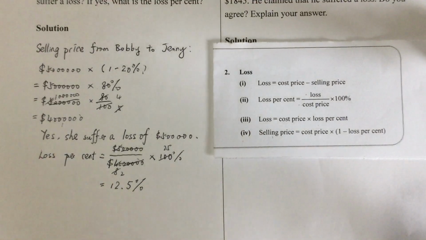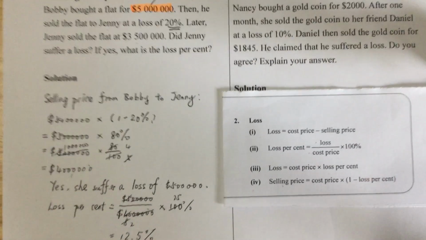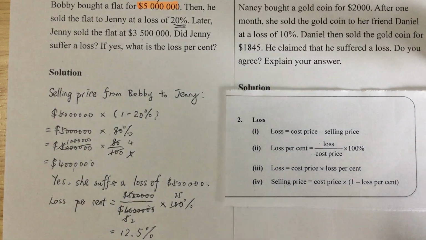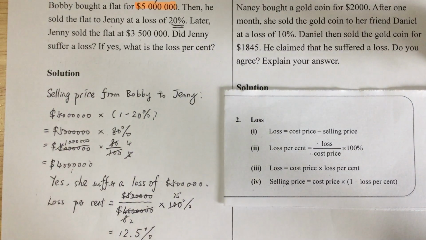So you will have the question like this. Okay, I move it back so then you can read the question carefully. And I will give you 15 seconds to let you understand what I am doing.